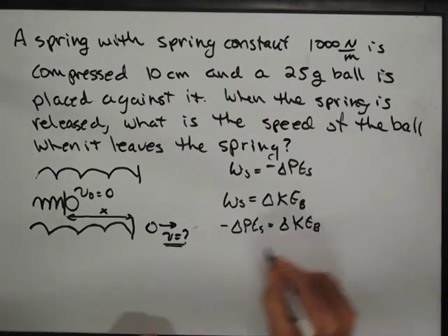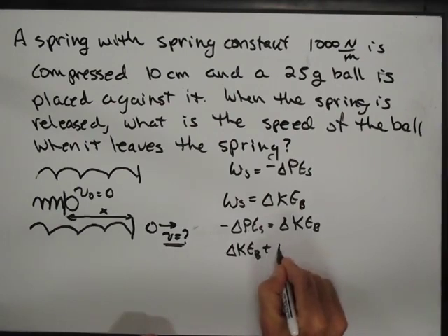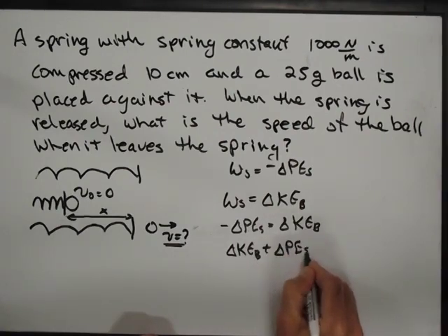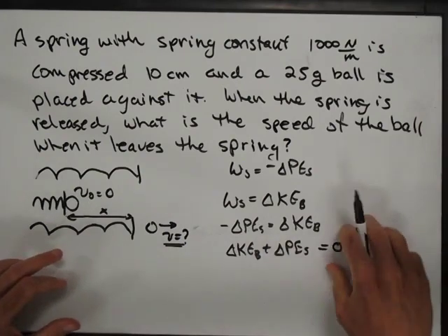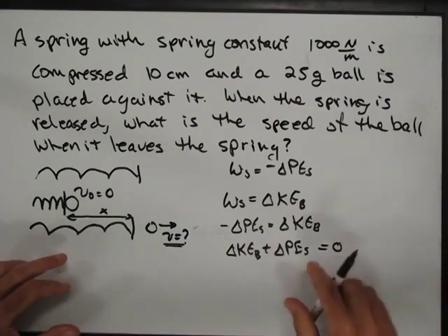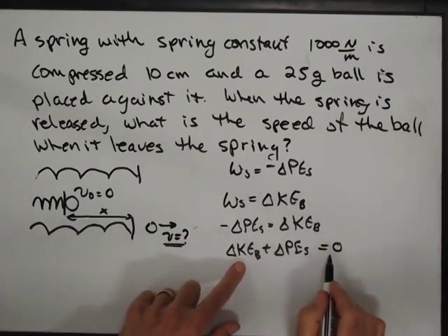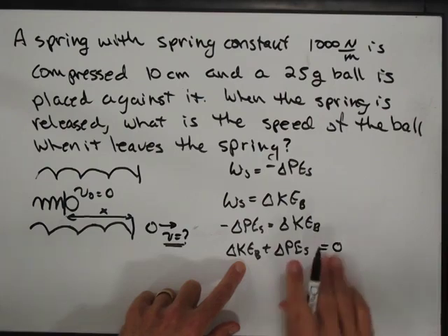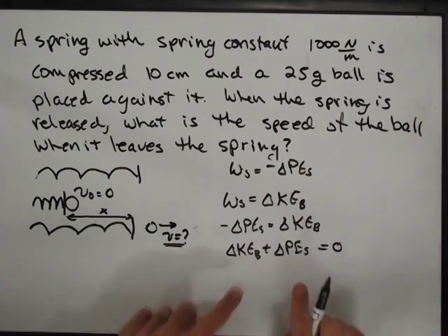Or I can say the change in kinetic energy of the ball plus the change in potential energy of the spring is equal to 0. Remember when we were doing the gravity problems, I would say, look, if there's no outside forces like friction or me or anything like that, if it's just gravity on the object, you just put the kinetic energy and the potential energy on the other side of the work equation, and you can just leave the work out because the system is closed and mechanical energy is conserved.